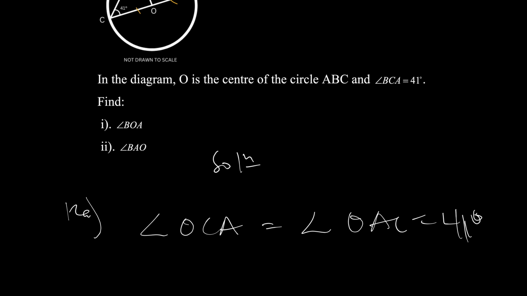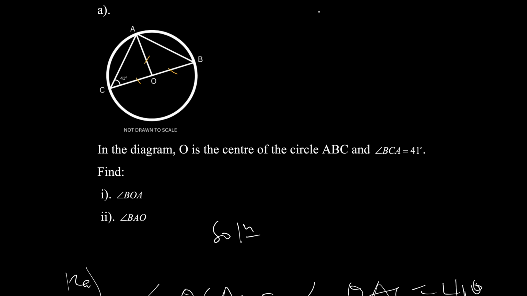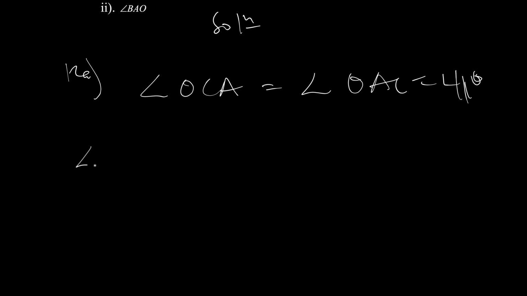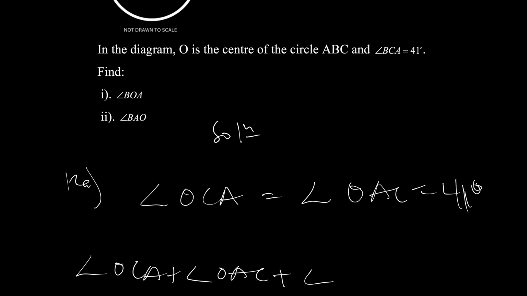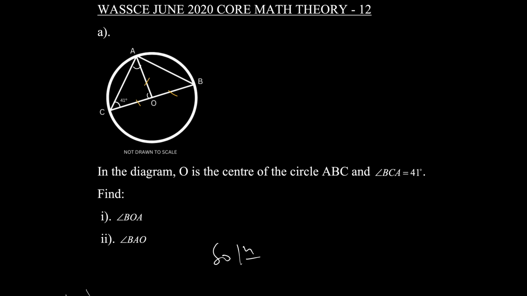Okay, so if that is the case, we know that this angle OAC is 41 degrees. So we know this, but we don't know this. So we can say that angle OCA plus angle OAC plus angle AOC is equal to 180 degrees, since the sum of interior angles of a triangle adds up to 180.